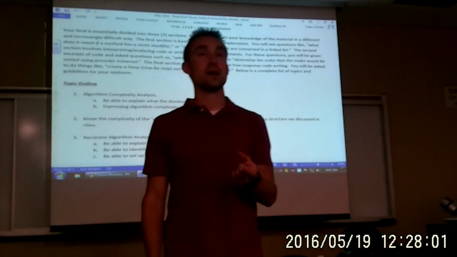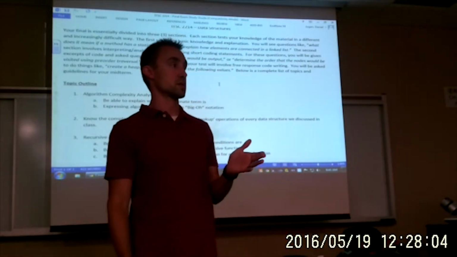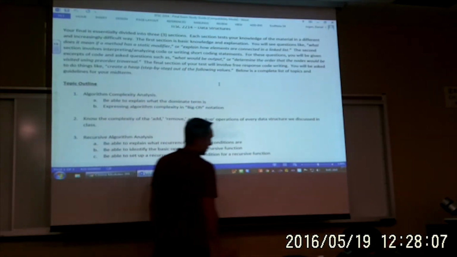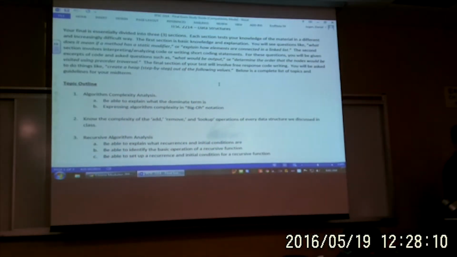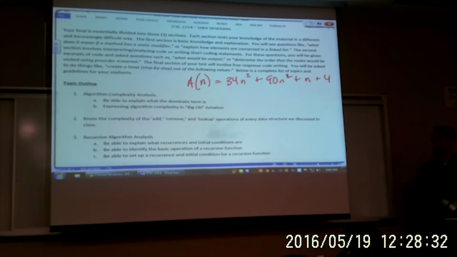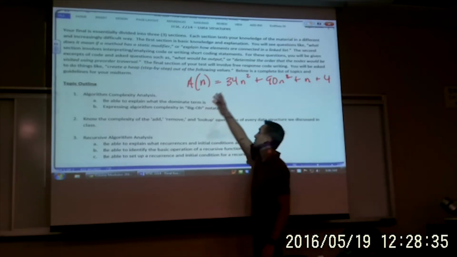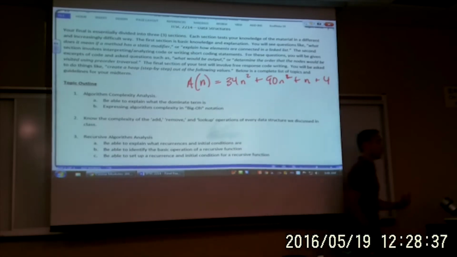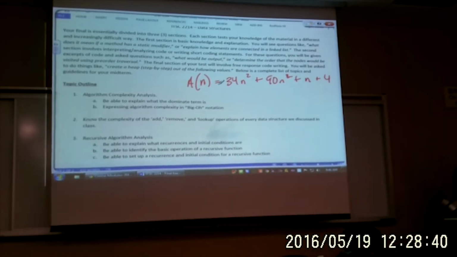When we're identifying the dominant term, we ignore constants. So if we have an algorithm expressed in functional notation, A of n equals 34 n squared plus 90 n cubed plus n plus 4, we're going to identify what the dominant term is.